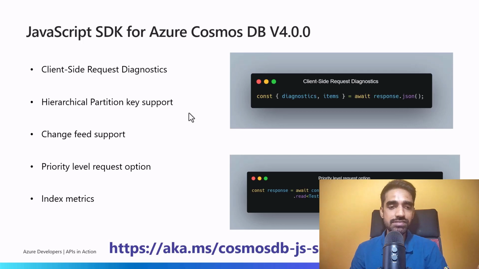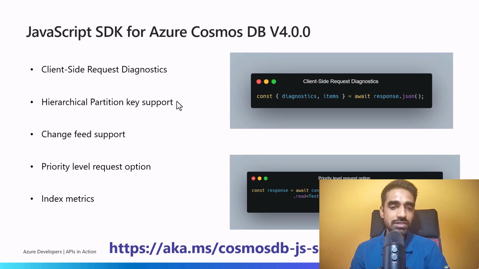The next feature is this: if you're new to Azure Cosmos DB, you might already know that Azure Cosmos DB distributes the data across logical and physical partitions based on your partition keys to support horizontal scaling. By using hierarchical partition keys, you can configure up to 3 levels of hierarchy for your partition keys to further optimize data distribution and support a high level of scaling.